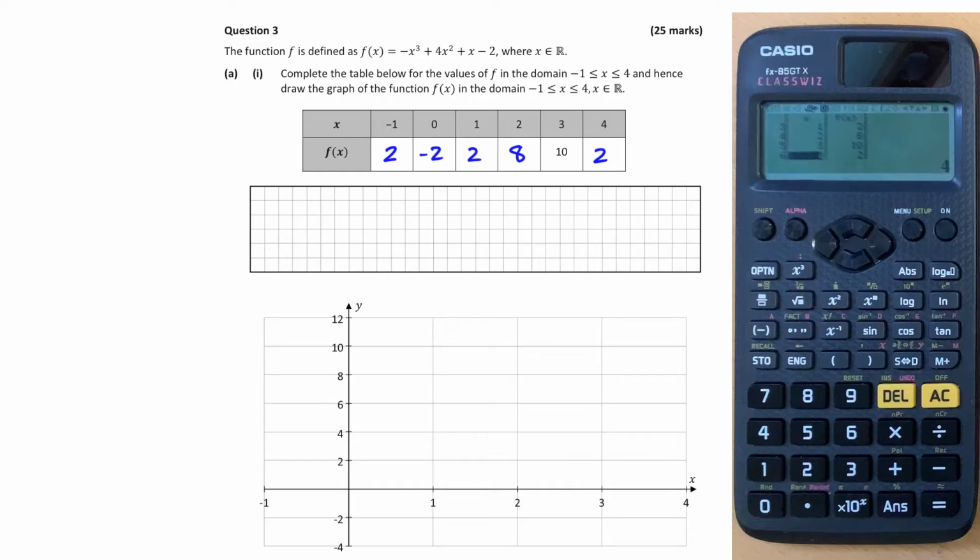Okay, the next part there was to graph it, right? So -1 and 2 is going to be here. -1 and 2. 0 and -2 is going to be here. 1 and 2 is going to be here. 2 and 8 is going to be here.